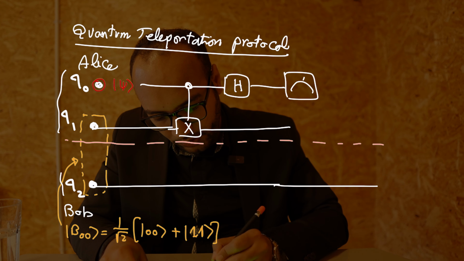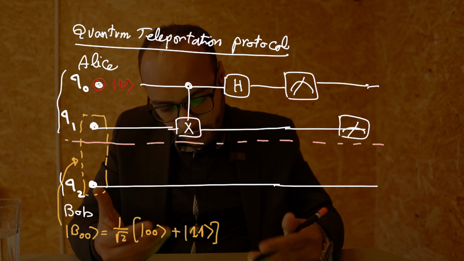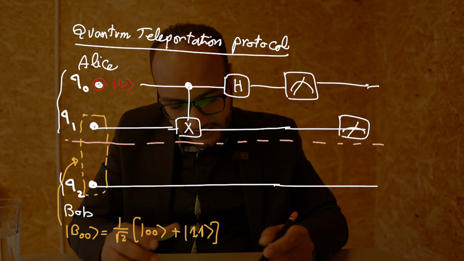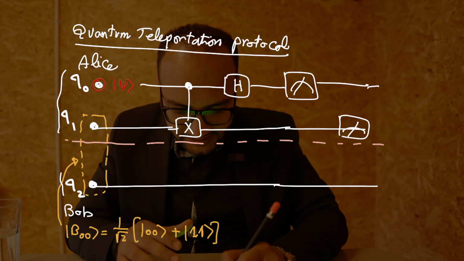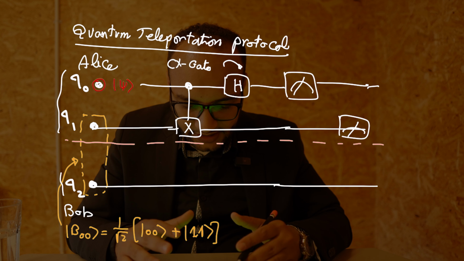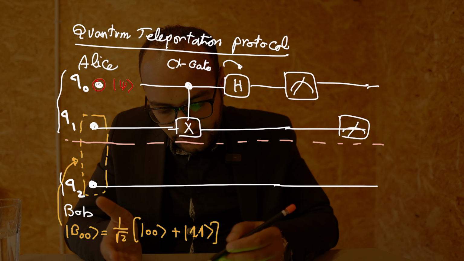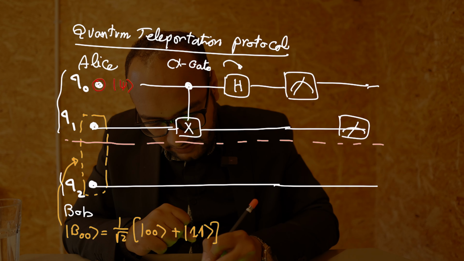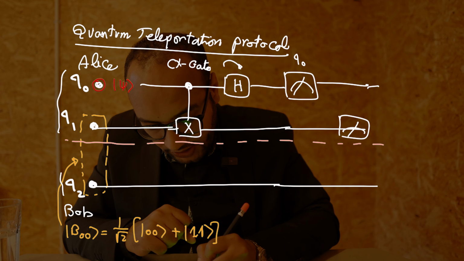Then Alice should perform measurements, and she will communicate those measurement results to Bob. So now Alice will perform the CX gate first, followed by the action of the Hadamard gate. And then she will get a particular state, and then she will perform the measurements of both qubits. So for qubit 0, it could be in state 0 or 1.